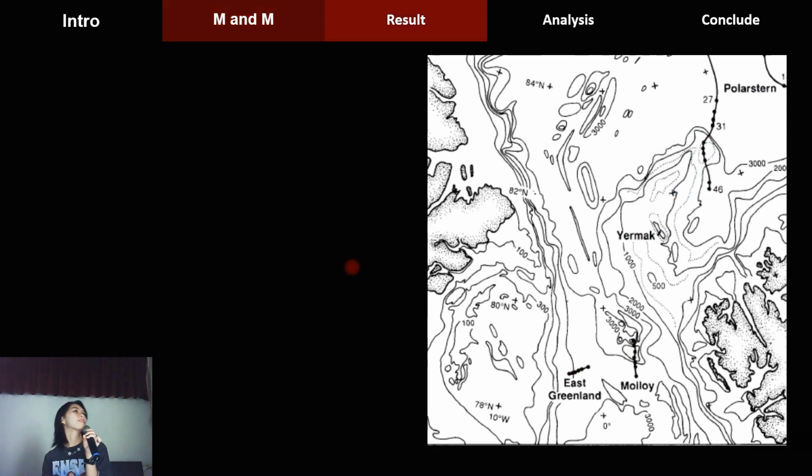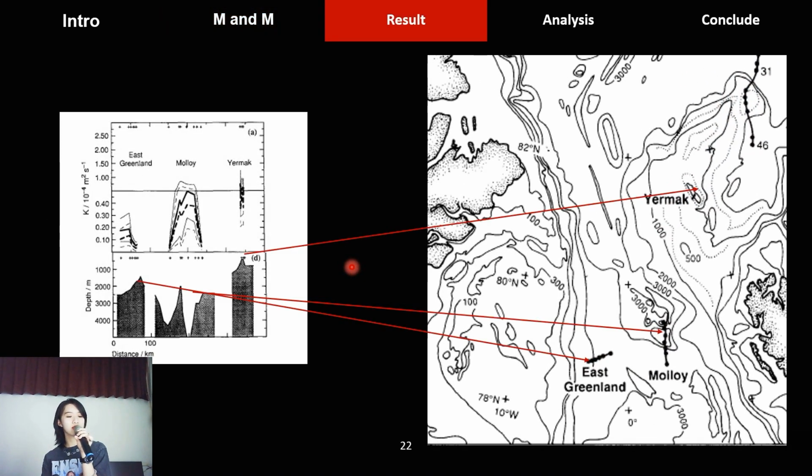two cruises. So first, in here, this is the K value, and this is the topography profile. You can see the K value has the maximum number in here at the rough area, where the contour line has the greatest density.